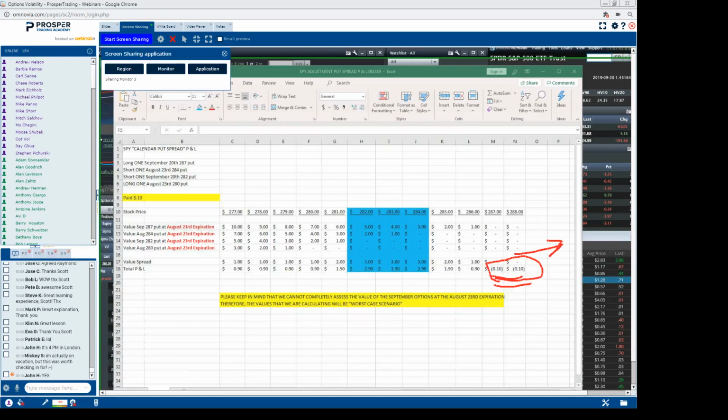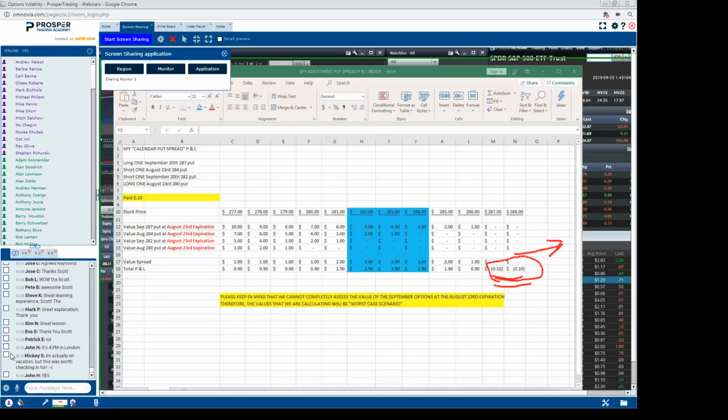Okay, and there are two caveats with that. A, you have to tell me where SPY is going to be at August 23rd expiration, so I know what that short put spread would be worth. Or B, I can just do it on our risk chart.